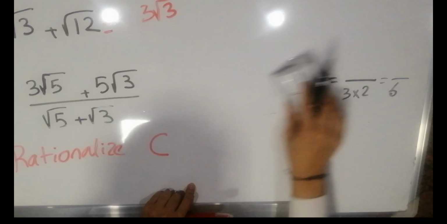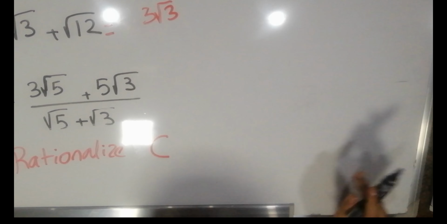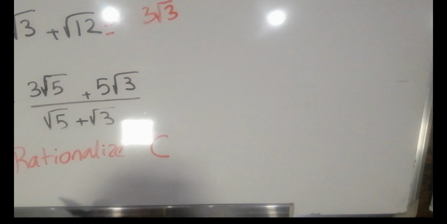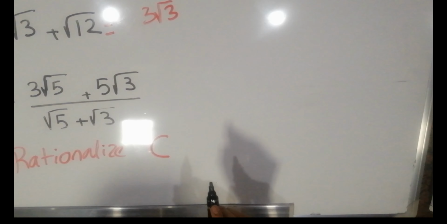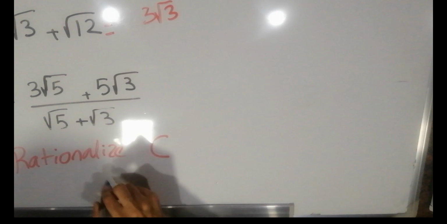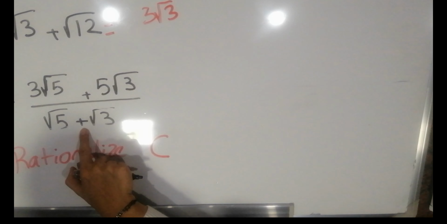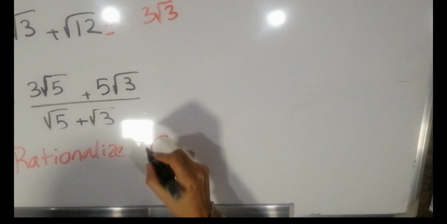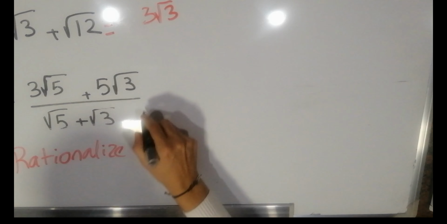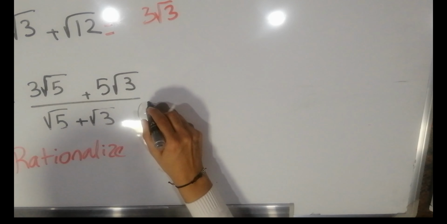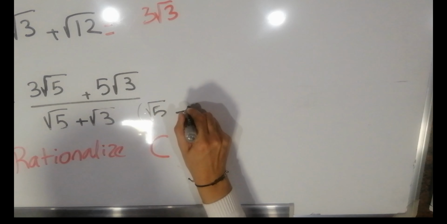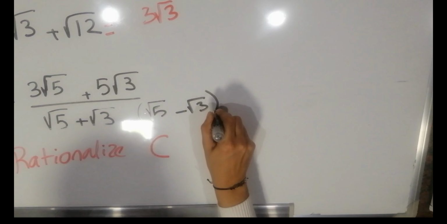But if you have numbers with plus or minus, then the conjugate is that you look at the sign in between these two numbers and flip it. So the conjugate of radical 5 plus radical 3 is radical 5 minus radical 3, okay?